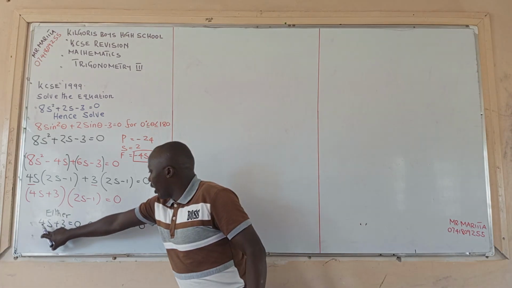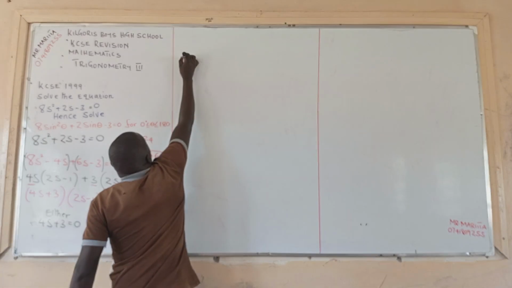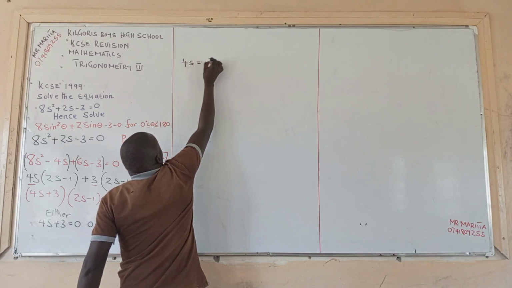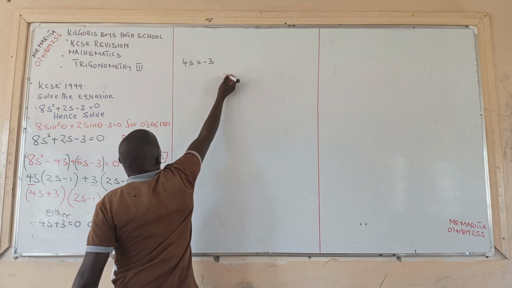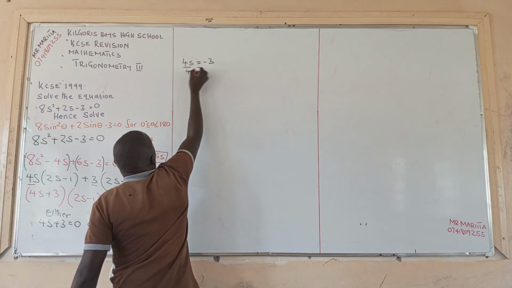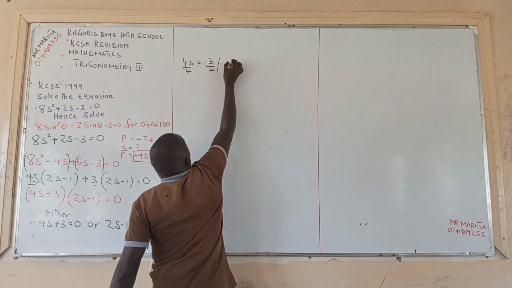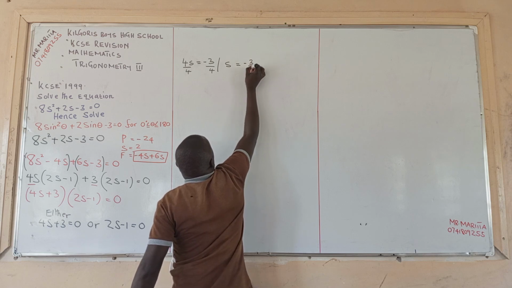So from here 4s plus 3 is equivalent to 0. You get that 4s is equal to minus 3. If you transfer this 3 to this side, then you divide it by 4, divide by 4, then the value of s from here is equivalent to negative 3 over 4.